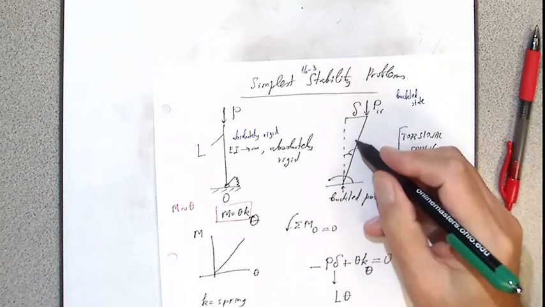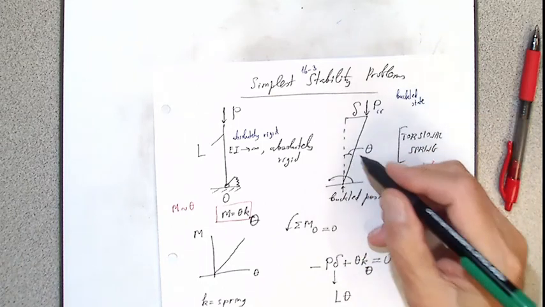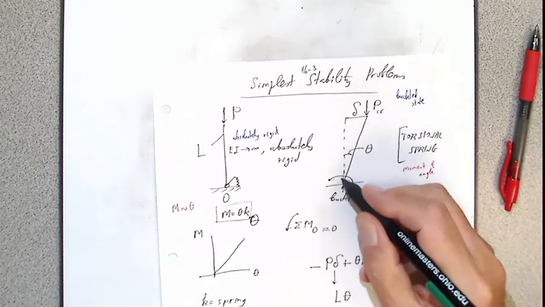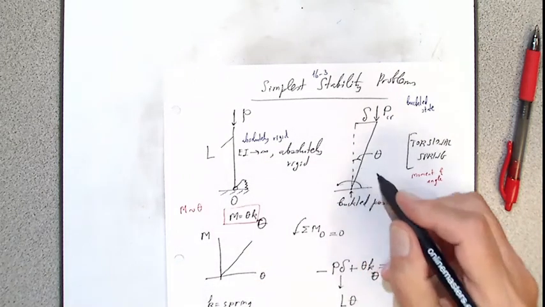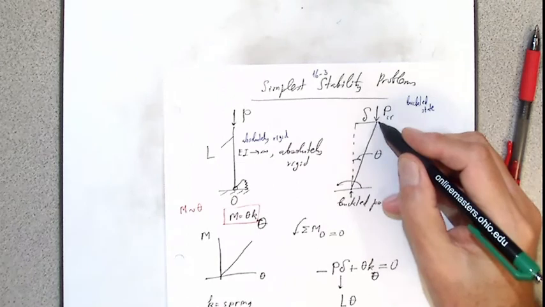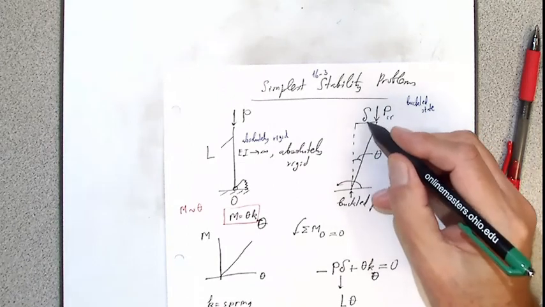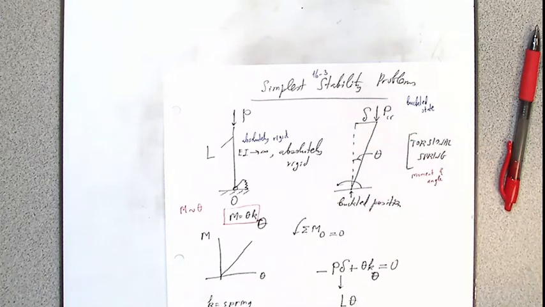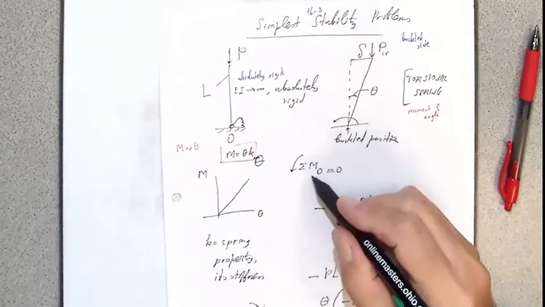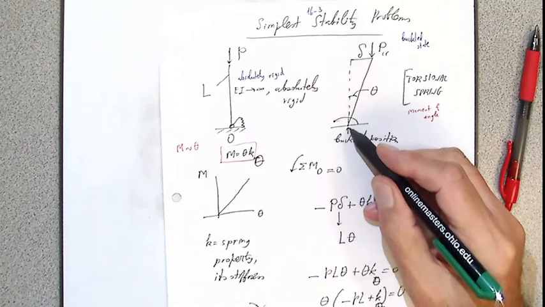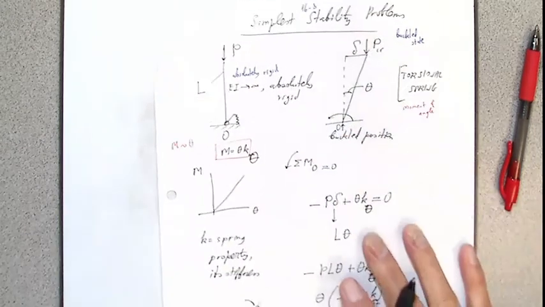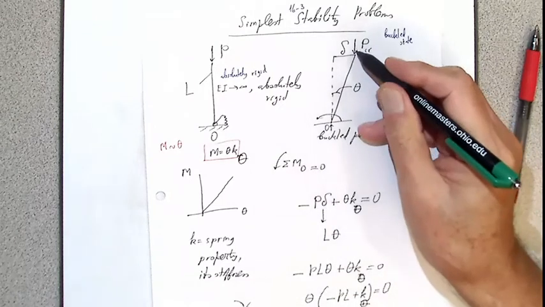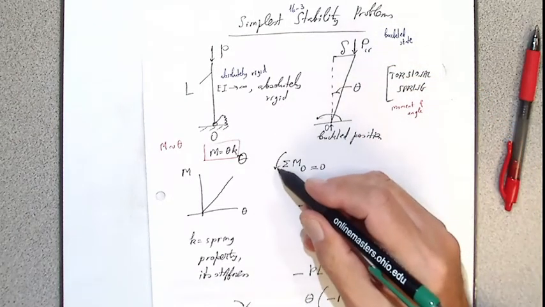So it buckled, so there is some theta here. There is naturally the moment acting, that is a free body diagram. And that is a critical value of the load, and displacement I'm denoting as delta. Okay? Now I'm taking the sum of the moments with respect to this point O. Look, this is a positive direction.